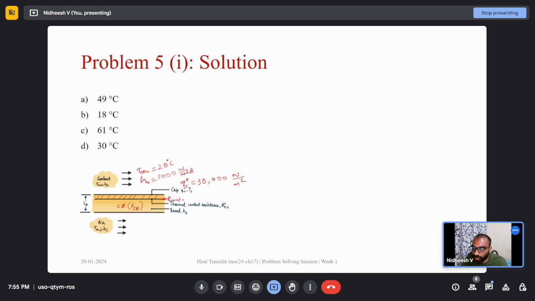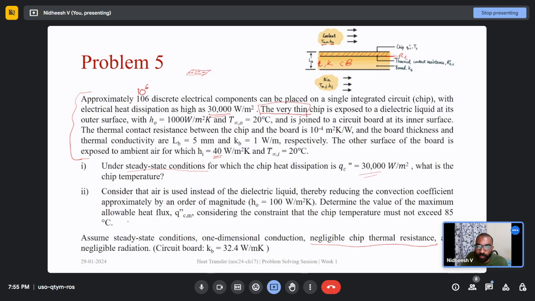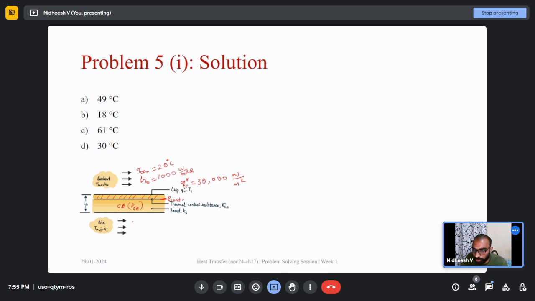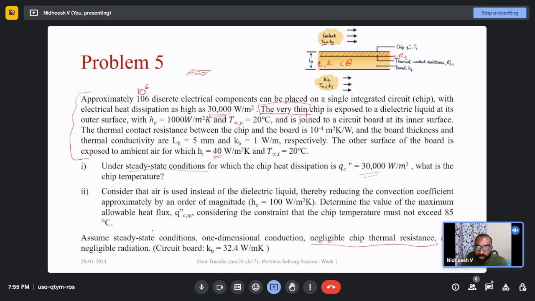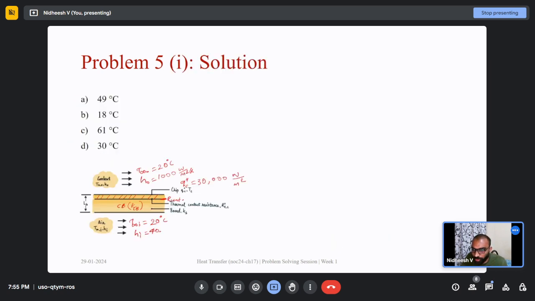And below the circuit board, air is flowing with T infinity I equal to 20 degrees Celsius and HI equal to 40 watt per meter square Kelvin. This is the question, and we are being asked to find the temperature of the chip under steady state conditions.